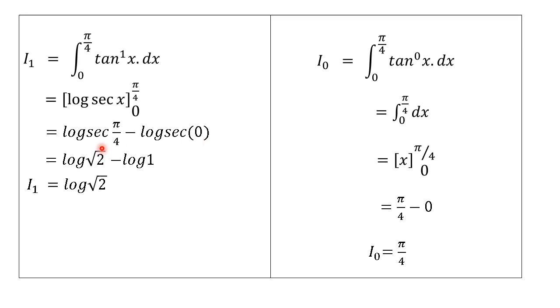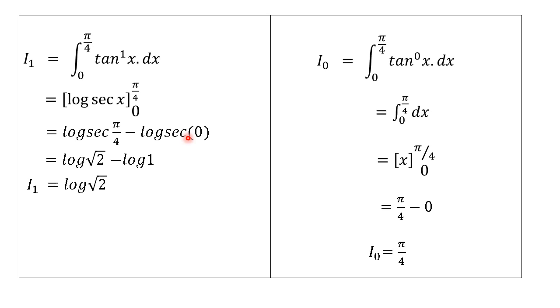Here log of secant pi by 4. Secant pi by 4 means secant 45 degree. We know that secant is reciprocal of cos. Cos 45 is 1 by root 2. Therefore, secant 45 is root 2 by 1, that is log of root 2, minus log of secant 0.